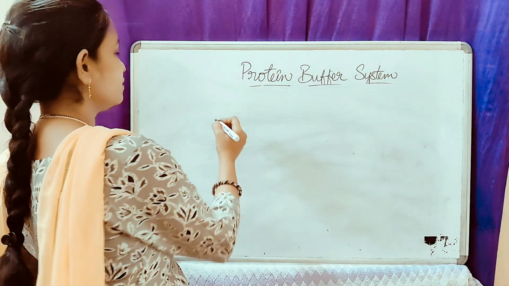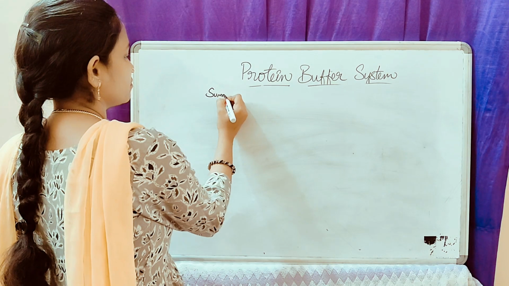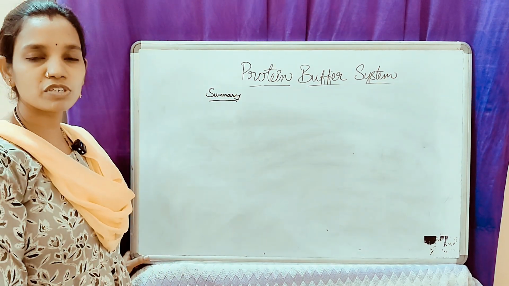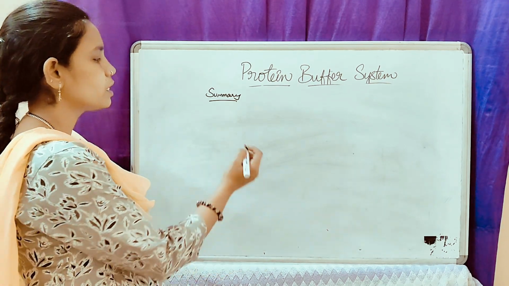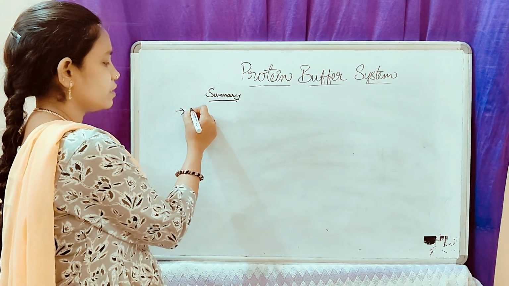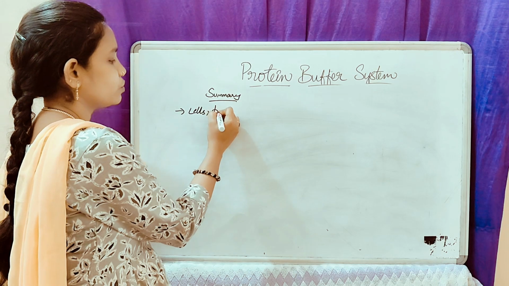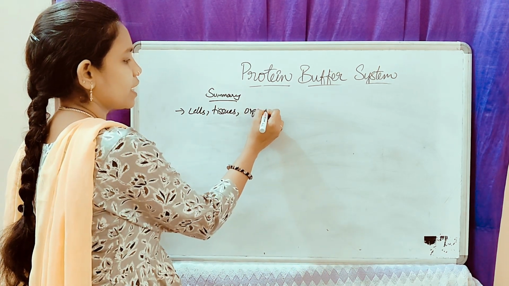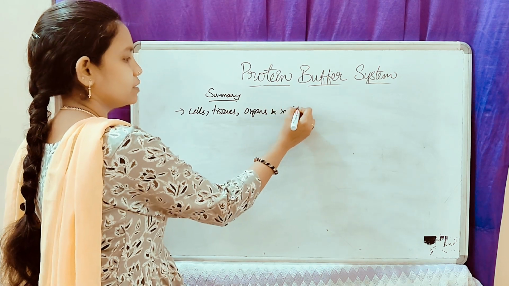Now let's see the summary. First, protein buffer system. It is the most powerful buffer system in the body because it regulates pH in cells, tissues, organs, and even in blood.